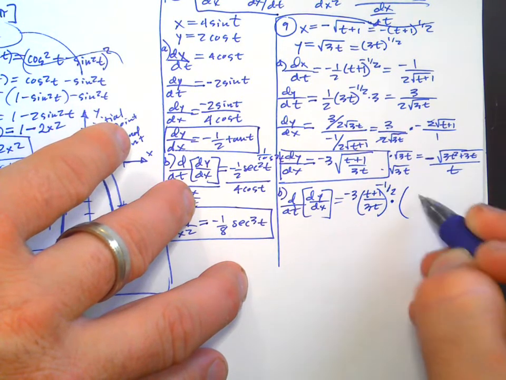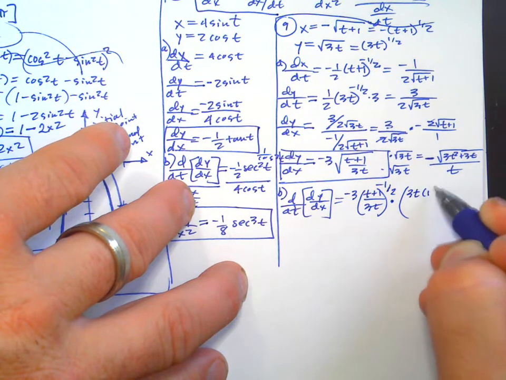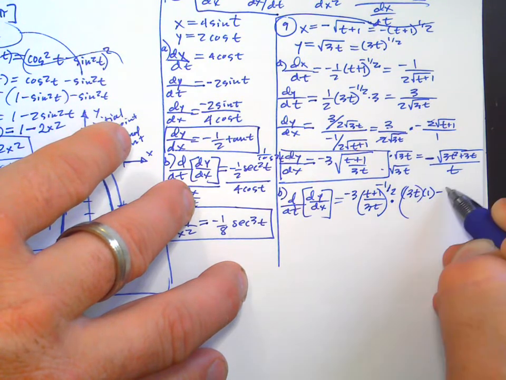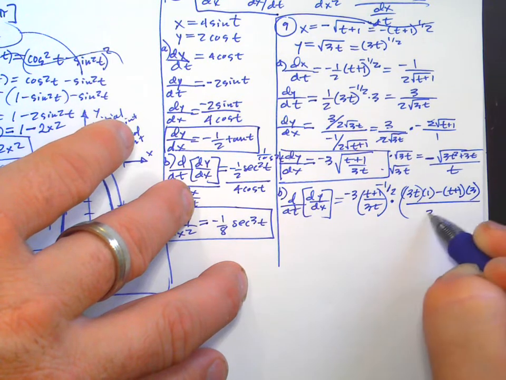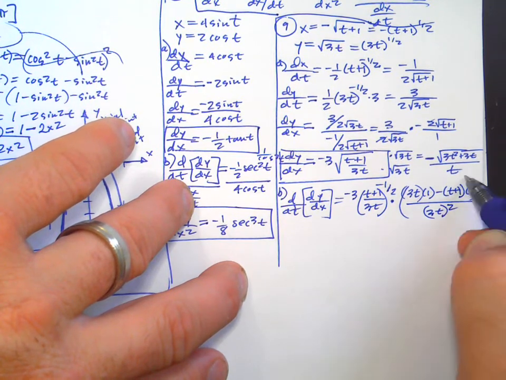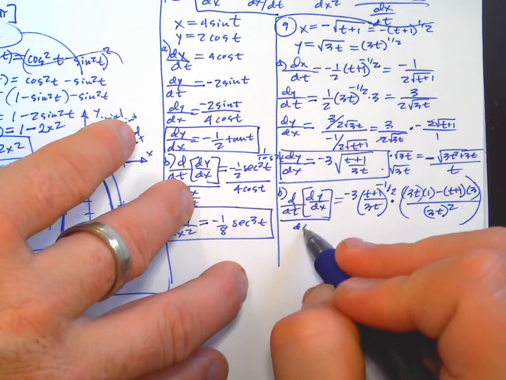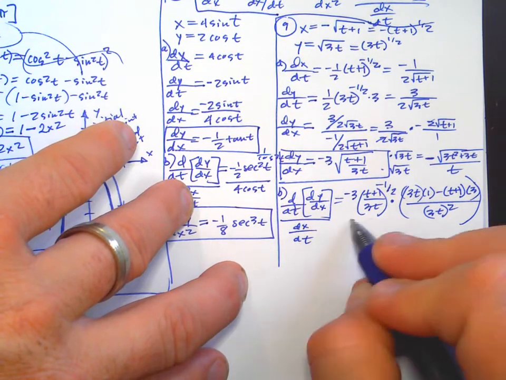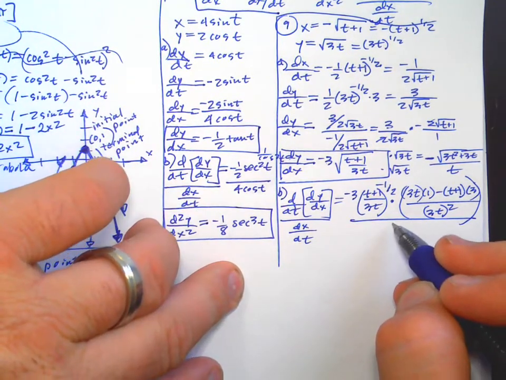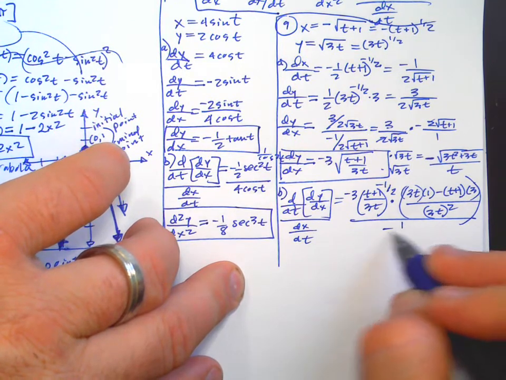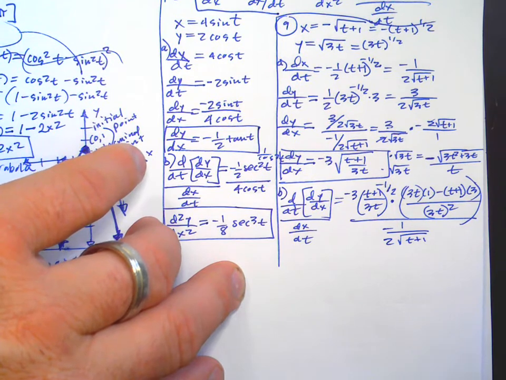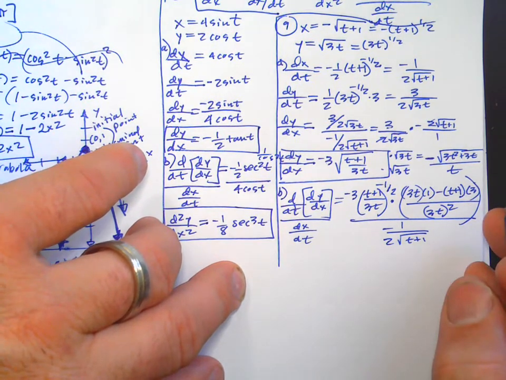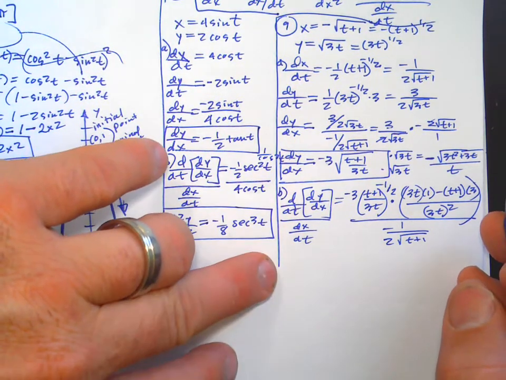That's going to be chain rule, low d high minus high d low, all over low squared. Then we're going to divide by dx/dt. This is a mess. Negative 1 over 2 square root of t plus 1. Yeah, I don't know. It's pretty bad.